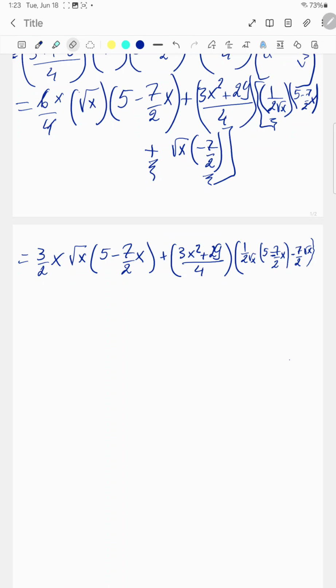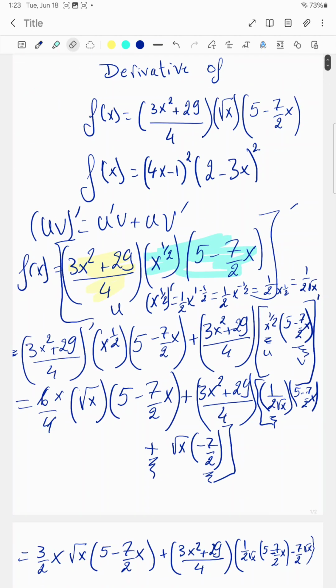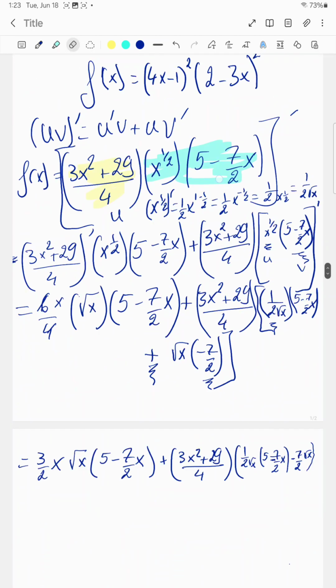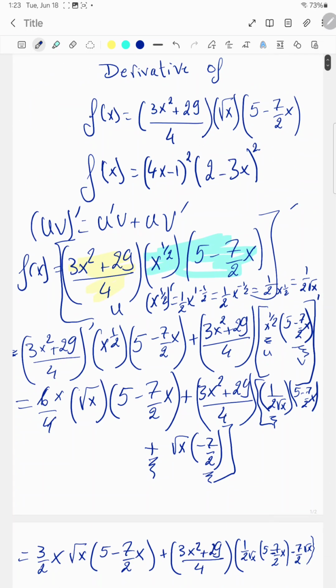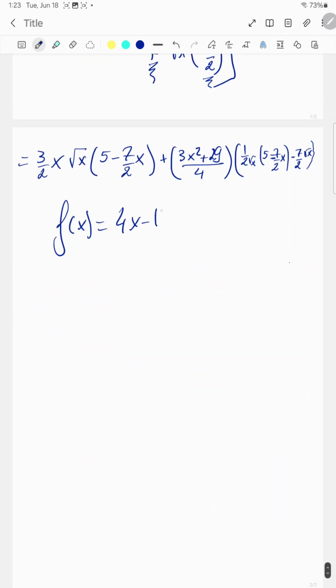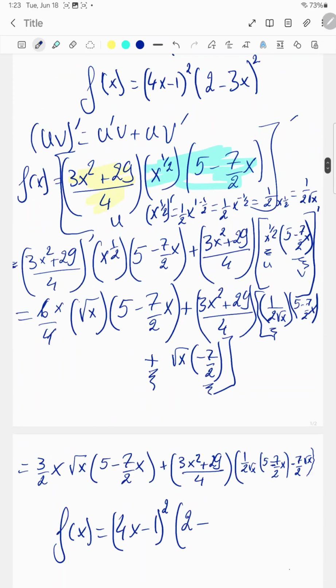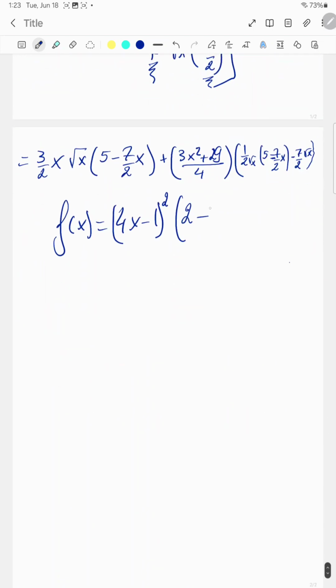Okay, so now let's solve the second function, which is f of x equals (4x minus 1) squared times (2 minus 3x) to the power of 2.